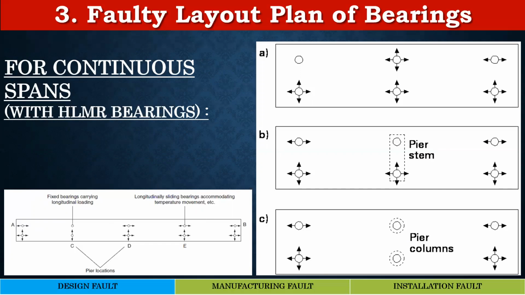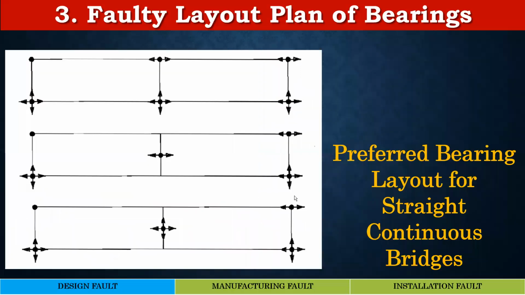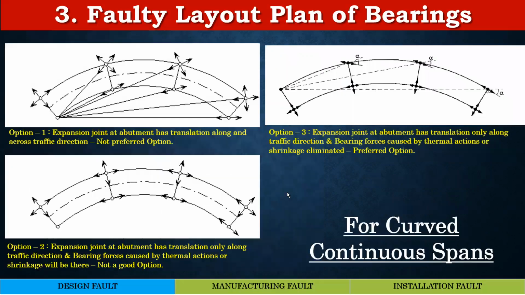And you can see there are so many options possible. This is the preferred bearing layout for straight continuous bridges. You can see the fixed bearing can be here, and at all other free piers you can have guided bearings, which is aligned with the fixed bearing, as you can see here.